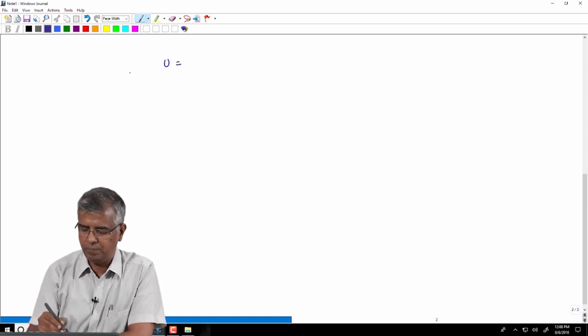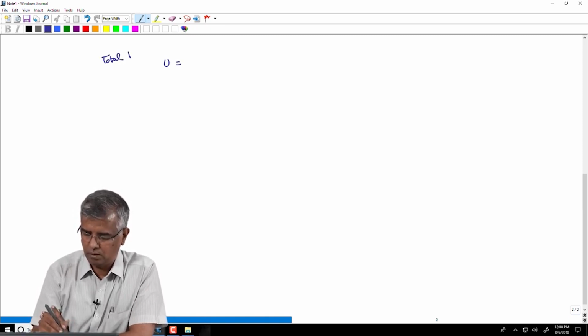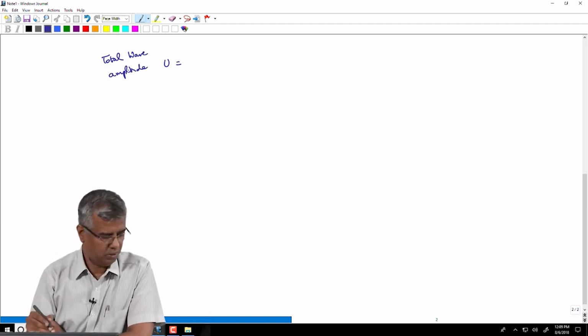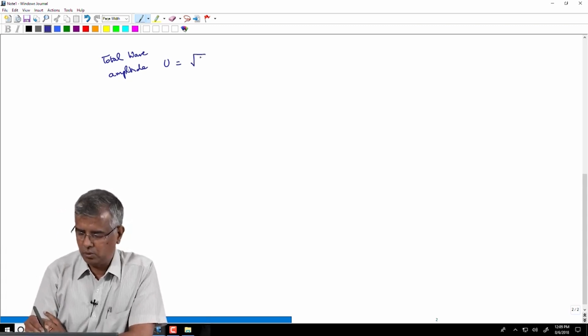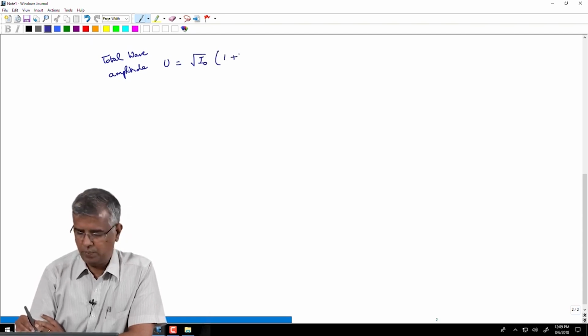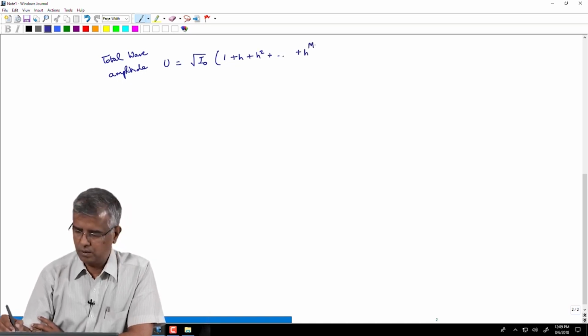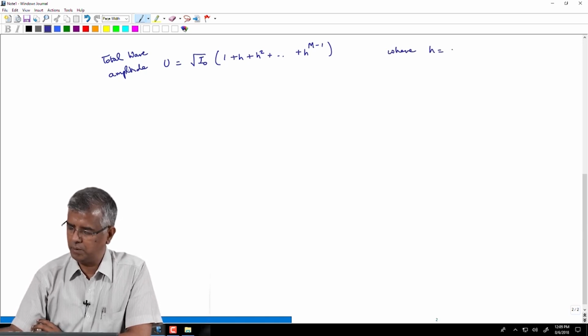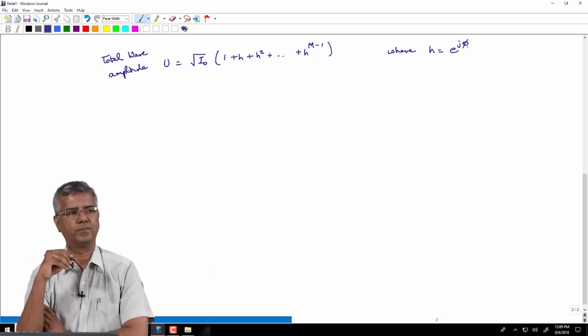So, that is what we are coming to, and so we can write the total wave amplitude, the complex wave amplitude, as u equals root of I naught times 1 plus h plus h square up to h to the power of capital M minus 1, where h is nothing but e power j phi.